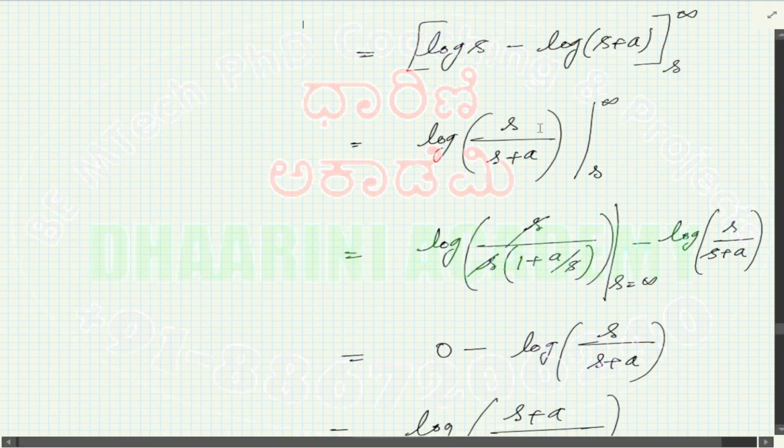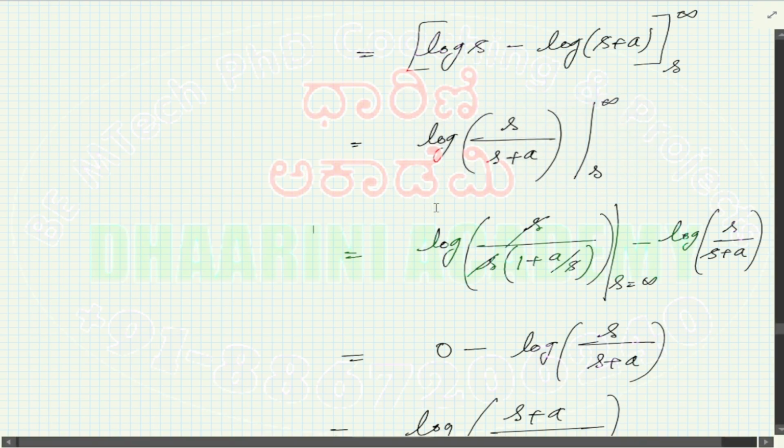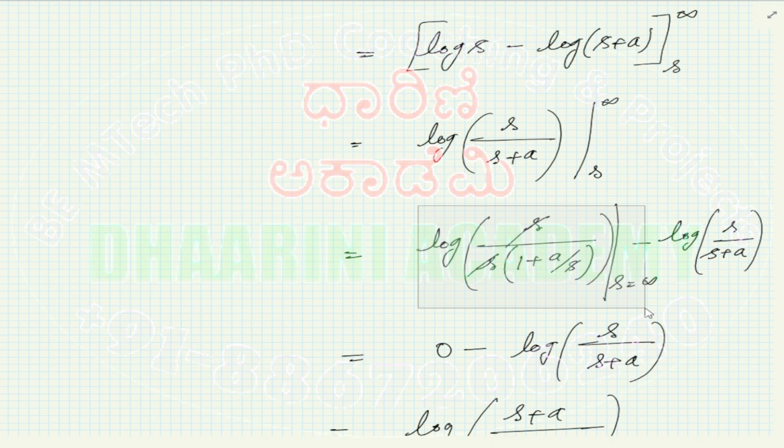Directly, if you put infinity here, log of infinity is not possible, right? So just to avoid that, we take s out from the denominator. Now if you put infinity in the denominator, the term becomes 0. So a by s becomes 0, but whatever is inside the bracket becomes 1.